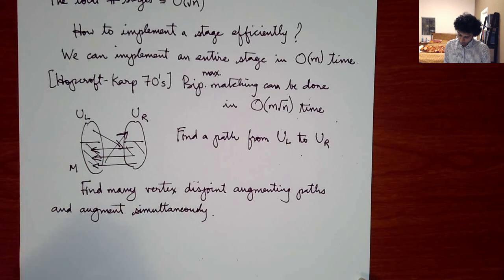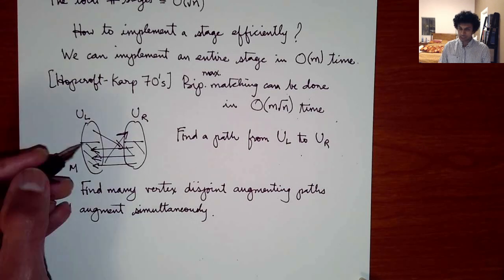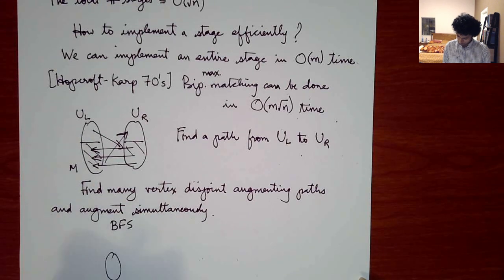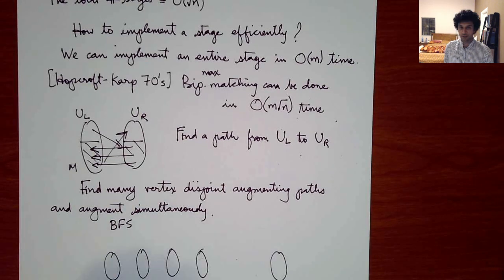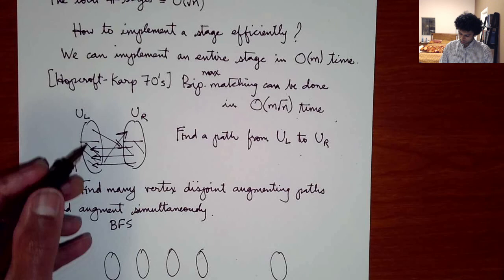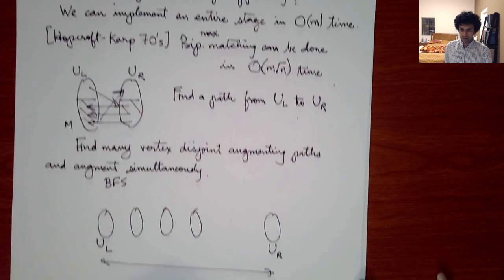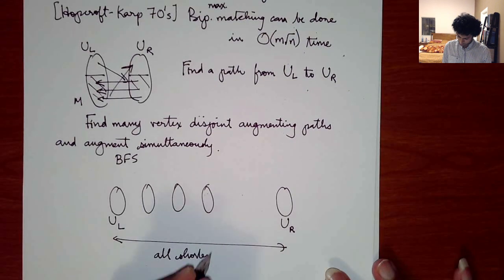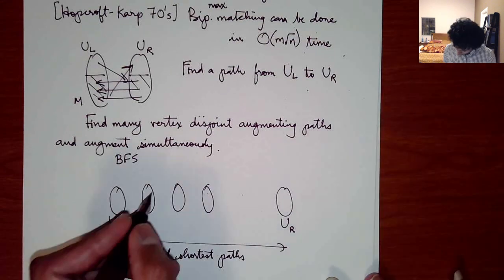And the way it works is, using BFS, you build some sort of a layered graph which essentially contains all the shortest paths. So you can create a graph with all the shortest paths.